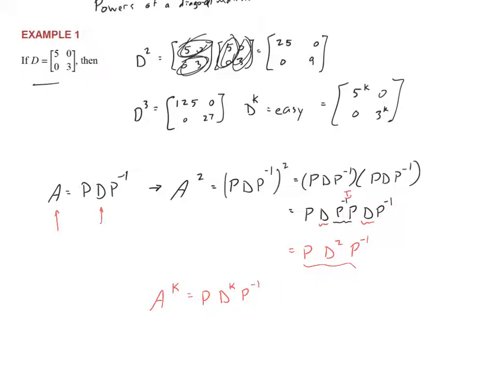If A is 500 by 500, and I want to multiply by some power, think about how many individual calculations are involved with a 500 by 500 matrix to the 15th power. That's a huge amount of computation. But if A is similar to some diagonal matrix, the computational time is reduced incredibly. So that's kind of the value of this relationship here.